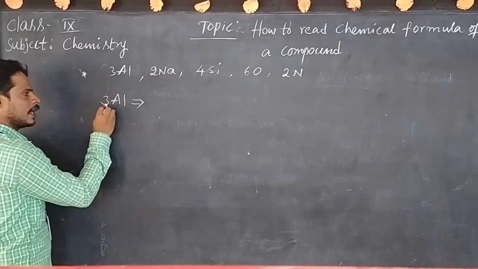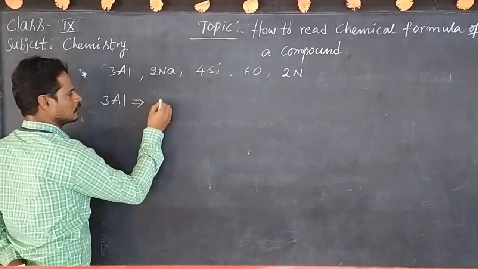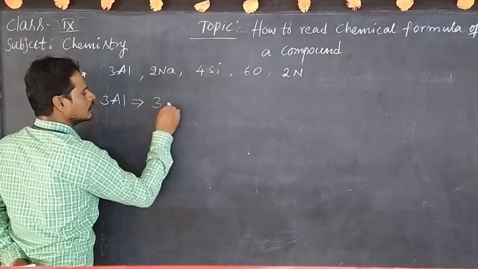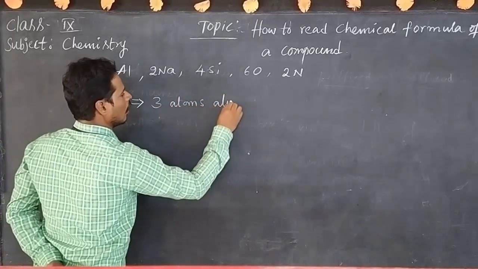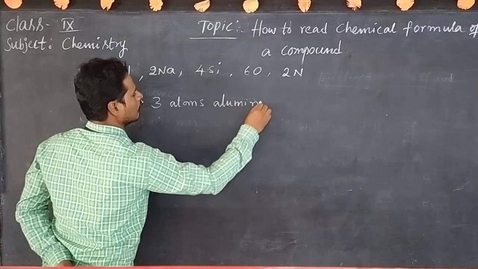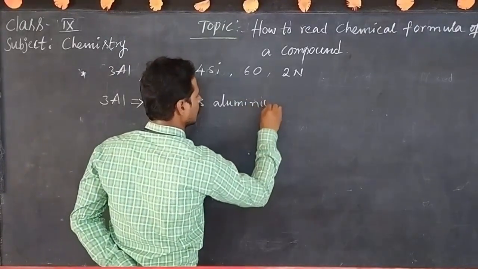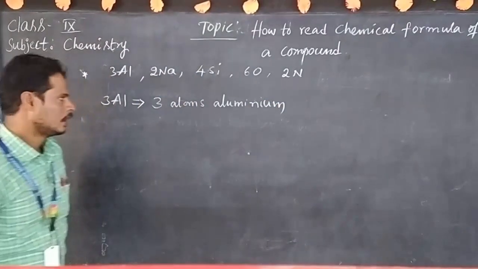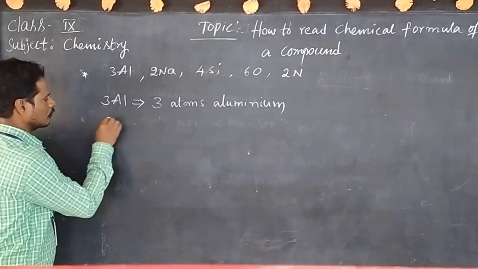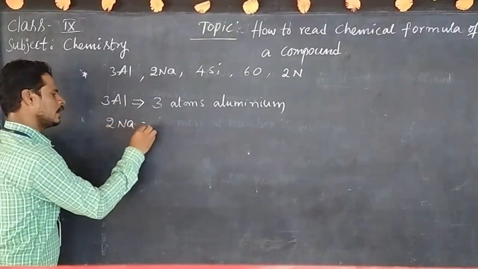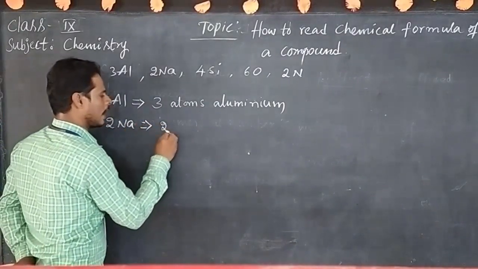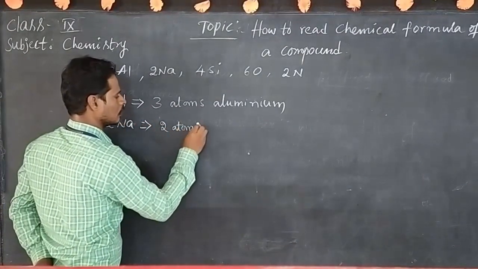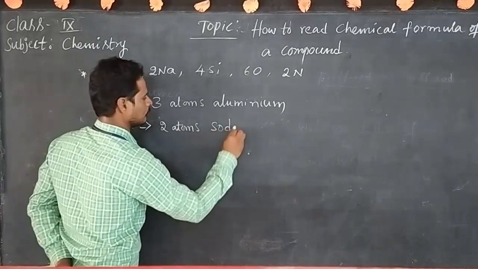So that's why it tells about 3 atoms of aluminum. Next, the second one. In front of sodium, what is the number? 2. That's why it tells about 2 atoms of sodium.